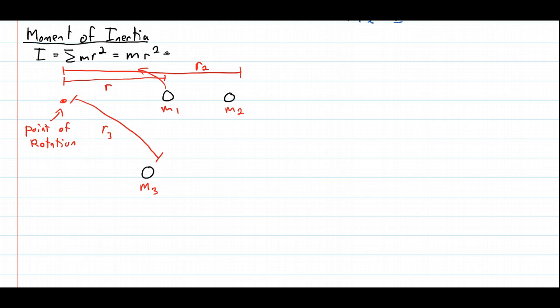Then our formula just becomes m1 r1 squared plus m2 r2 squared plus m3 r3 squared. So we just add up all the pieces to get our final total moment of inertia. And it's the sum of all of our pieces.